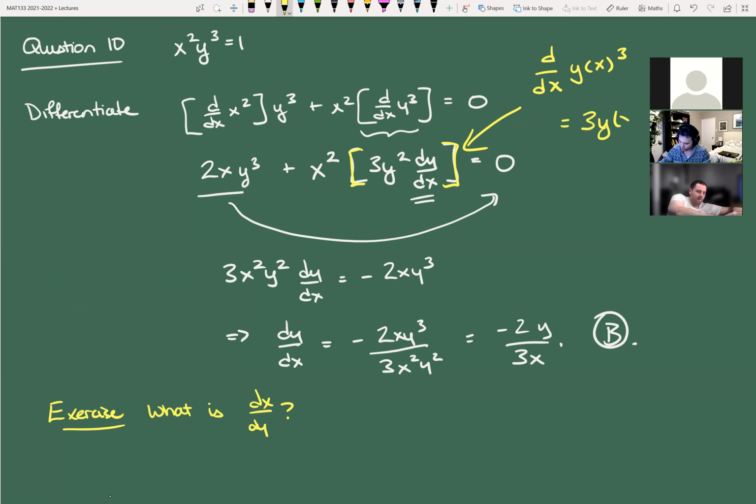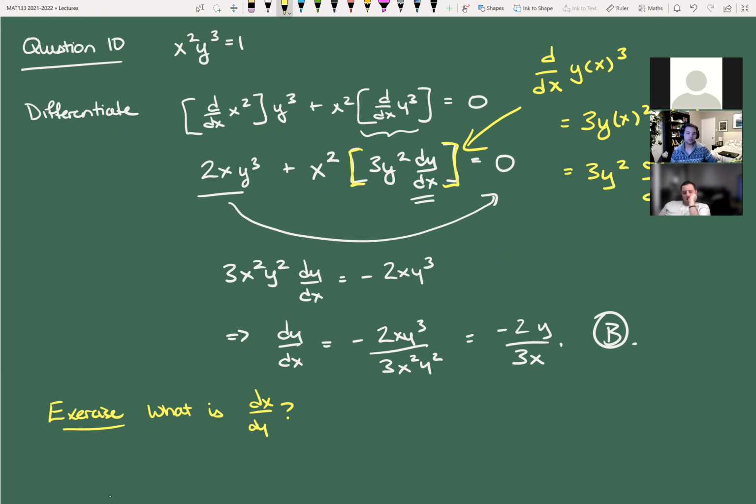We'd get 3y of x squared y prime of x, and that's the same thing as 3y squared dy dx. So when we do the implicit differentiation step, we're pretending that y is a function, not just a variable. It's actually a function of the x variable, and therefore needs to be chain rule differentiated, right? Does that make sense, Brandon?